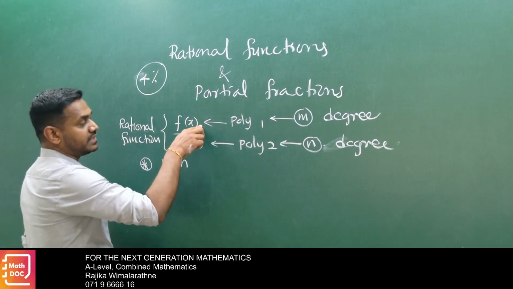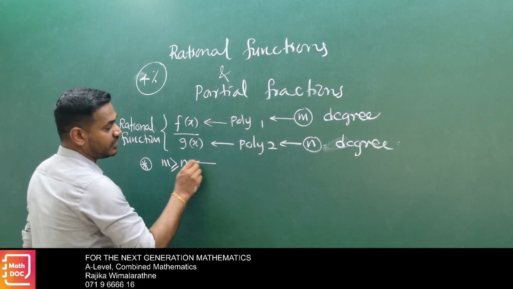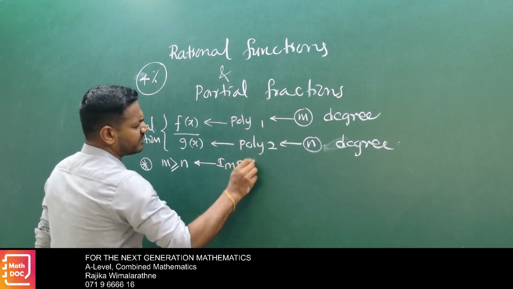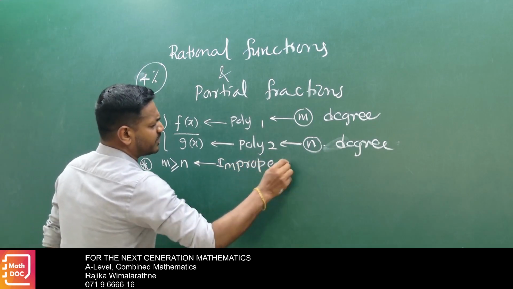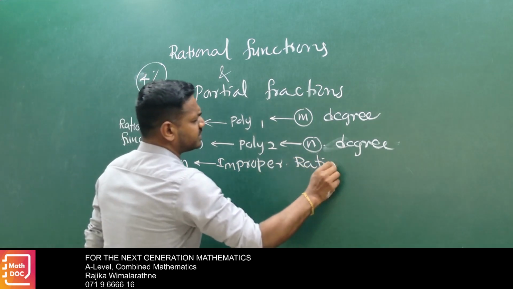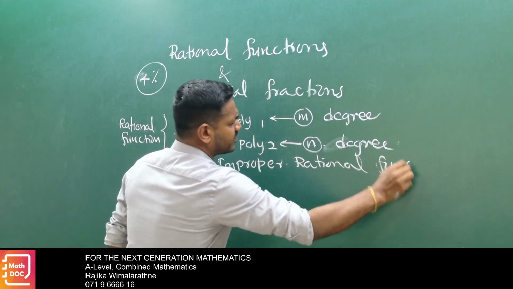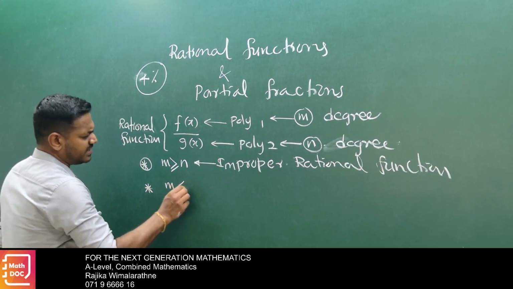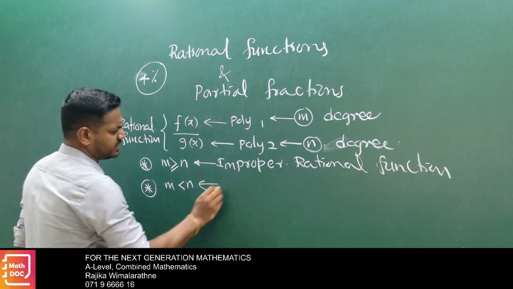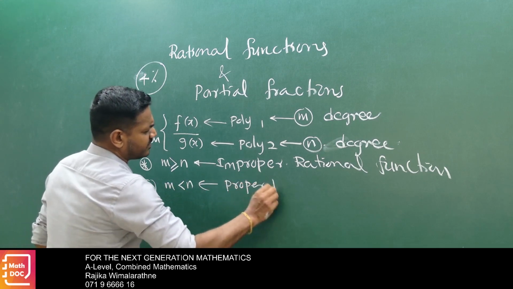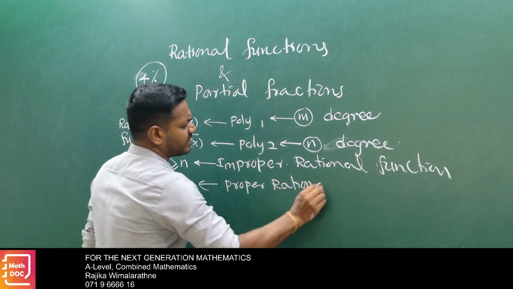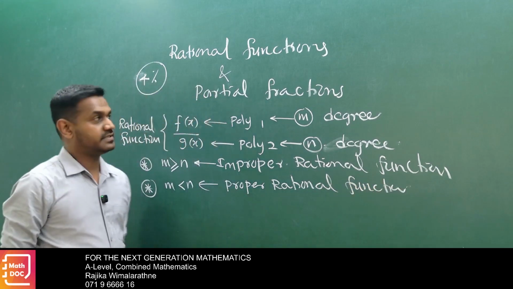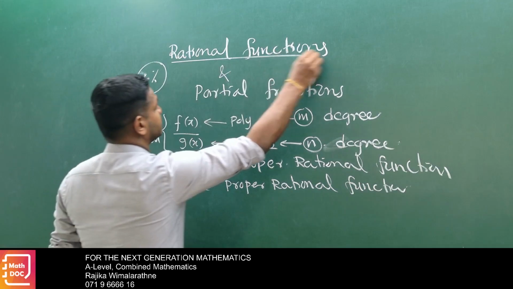When the numerator degree is greater than or equal to the denominator degree, we call it an improper rational function. And when m is less than n, we call it a proper rational function. So that is about rational functions.